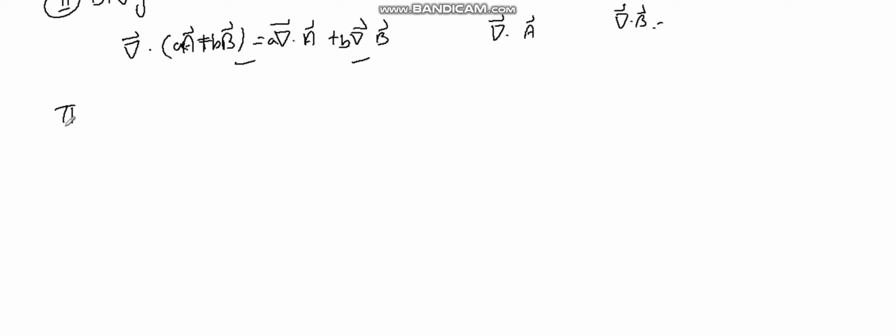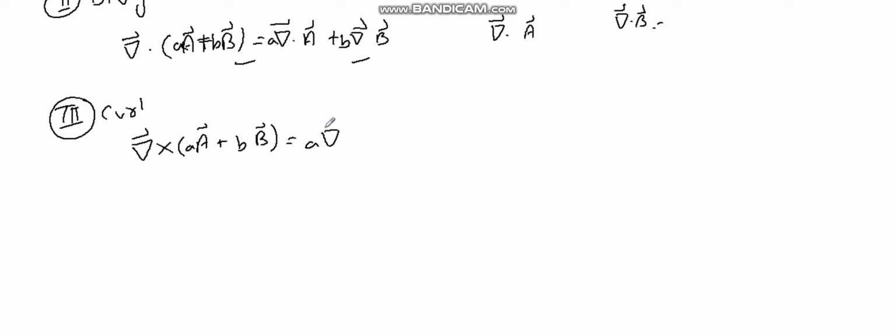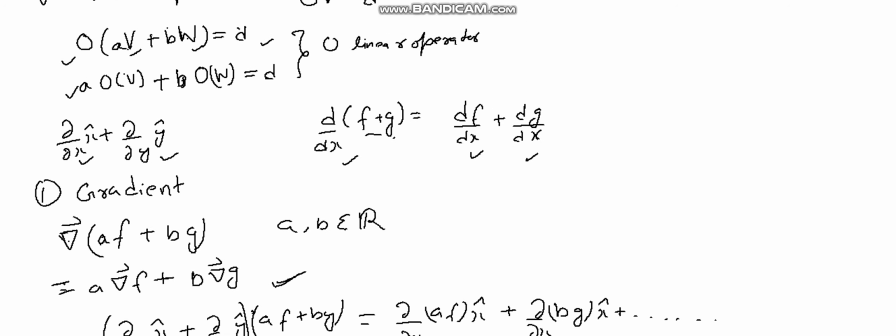Similarly, the same thing goes with the curl. Del cross A plus B will give A times del cross A plus B times del cross B. We can expand these terms, and finally we will get LHS equal to RHS. So this is the linearity property of the del operator.